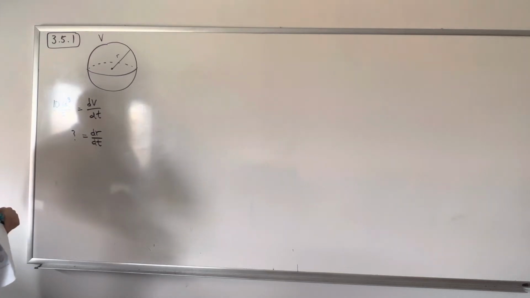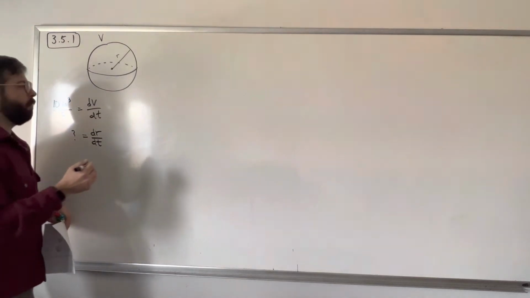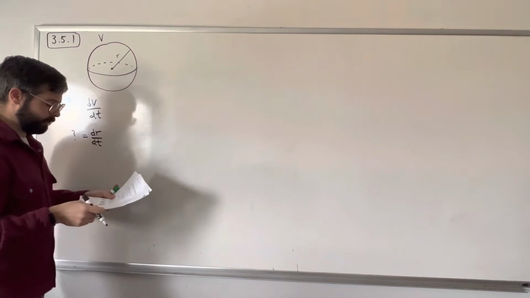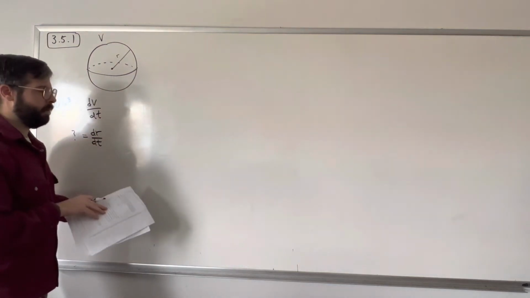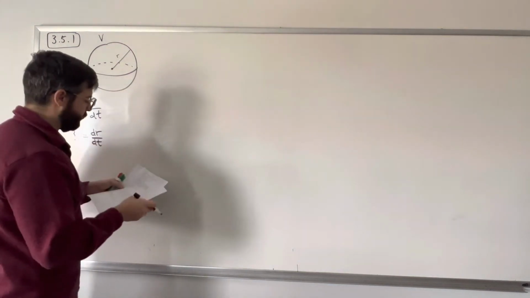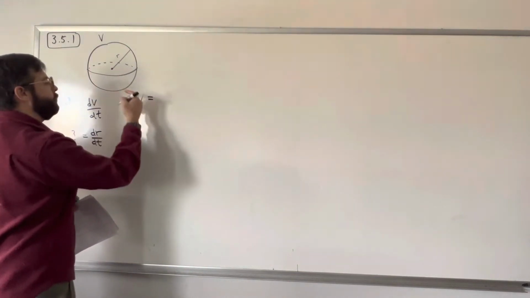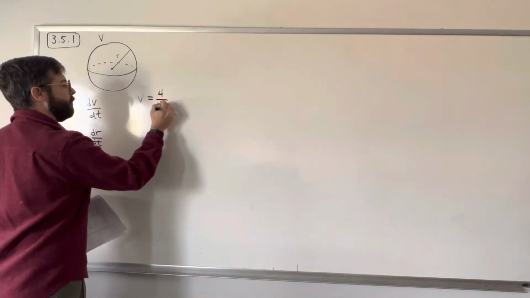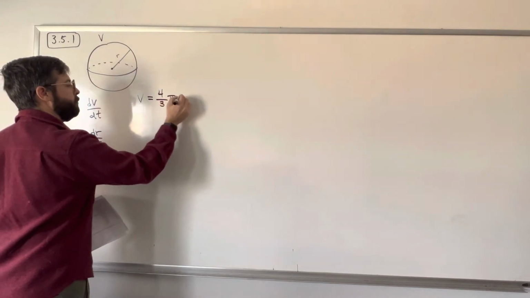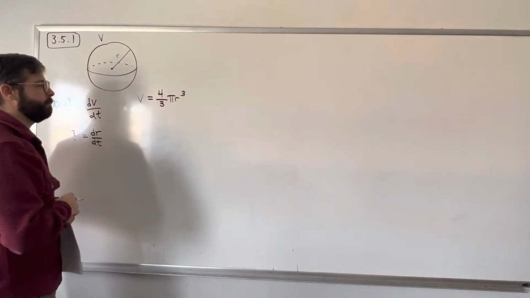What they're after in the first question is to come up with a function that relates the rates. We know the function that relates V and r, the two quantities, is 4/3 π r cubed.